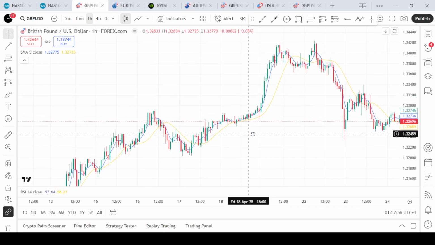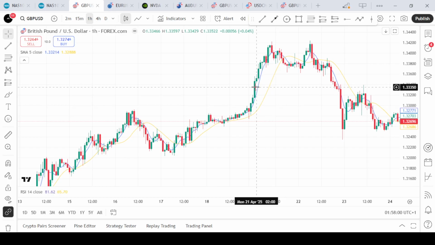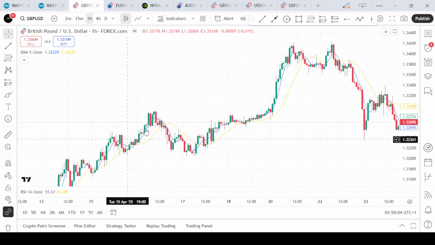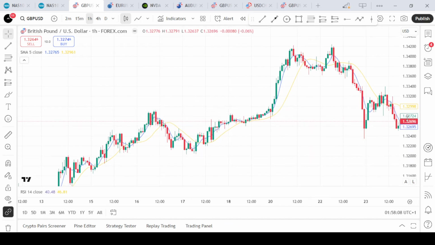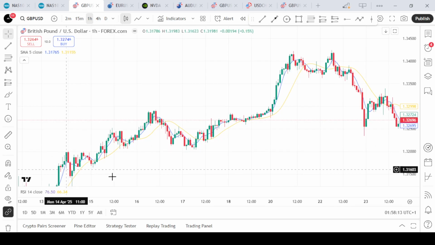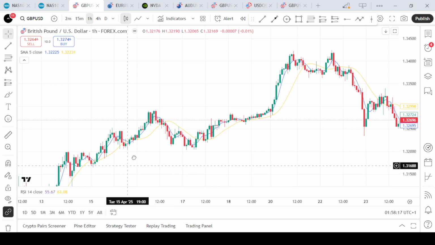So the SMA, which is the simple moving average, gives equal weight to all data points within a chosen time frame, providing a clear view of the overall direction of the market.